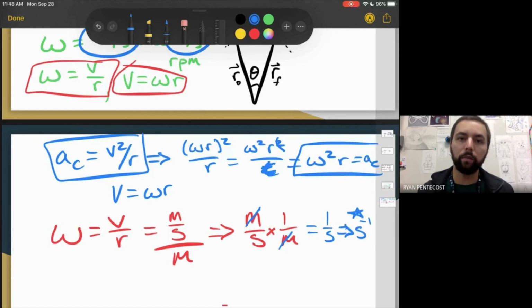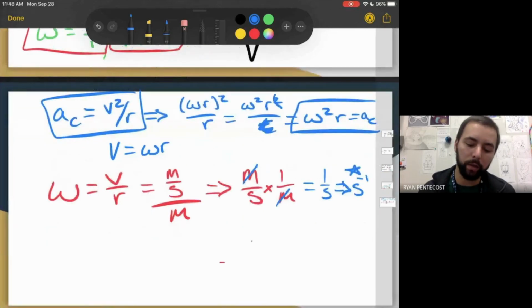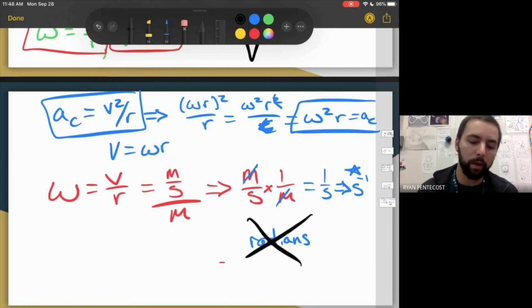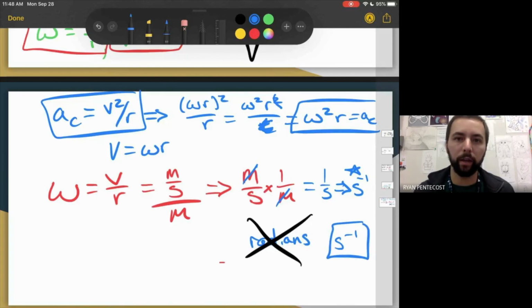So that is the real unit for angular velocity. And the reason is because radians is not a real unit when we do unit analysis. You don't actually include radians in that math. Seconds inverse is the true unit of angular velocity.